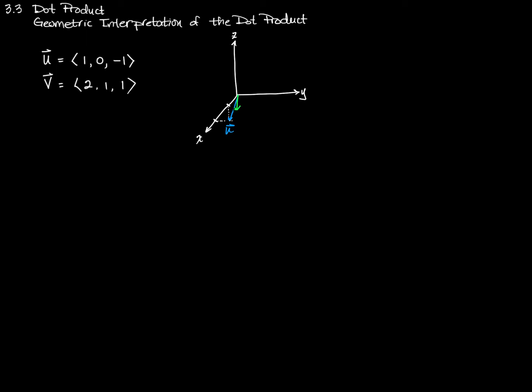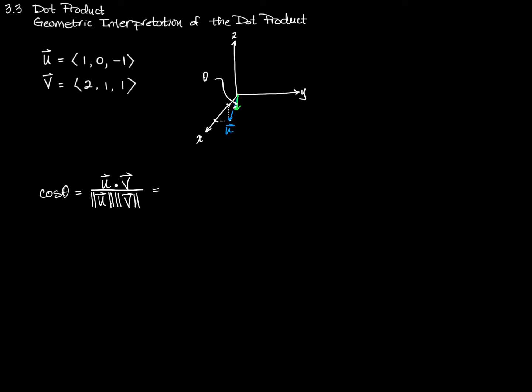And if I want to find the angle between them, that angle right there, theta, all I need to do is say that cosine of theta is equal to the dot product of u with v divided by the product of the magnitudes of u and v.